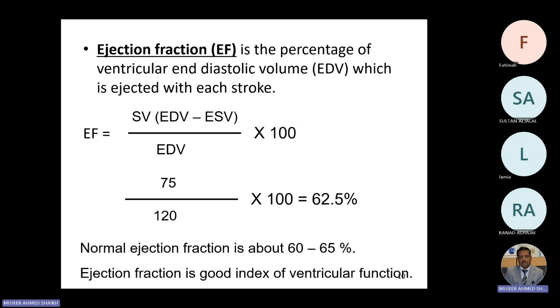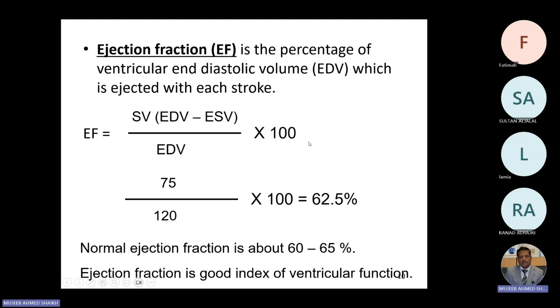Out of that, during contraction, the ventricles push out around 75% of the blood. That means the ejection fraction will be 75. So it can be calculated as end diastolic volume minus end systolic volume, or stroke volume divided by end diastolic volume.